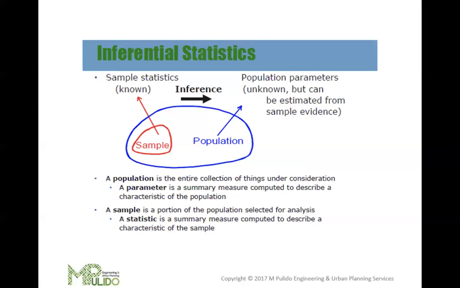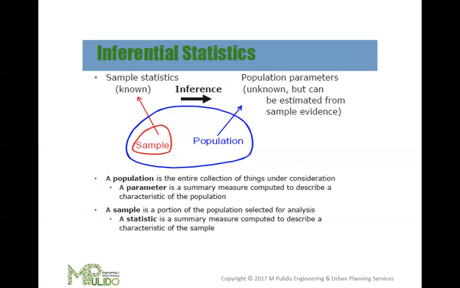So again, sample and population. I think I mentioned already about population. Population is the entire collection of individuals or objects under consideration in a statistical study, while a sample is a subset of the population selected for analysis.